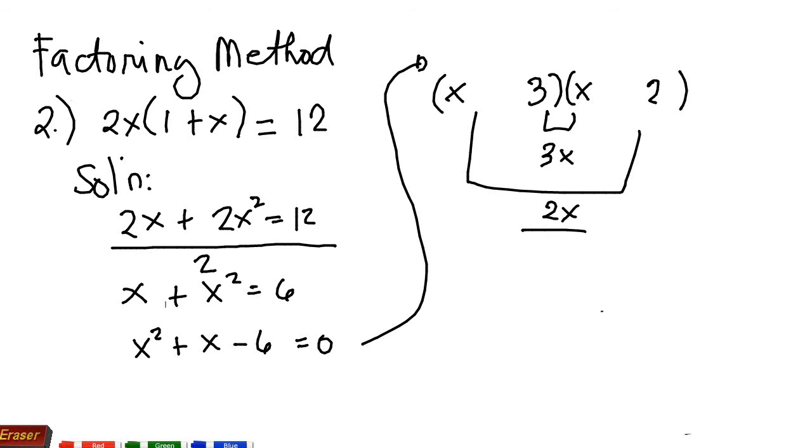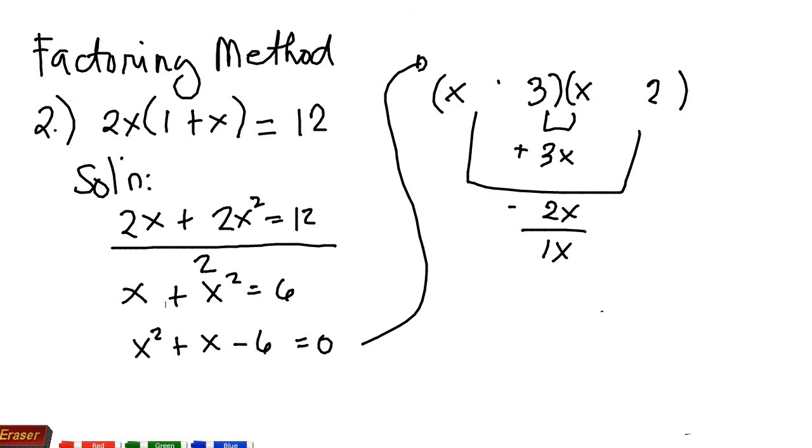Take note that it is positive x, which means you have only a numerical coefficient equivalent to 1. So we're going to subtract 3 and 2. 3 minus 2 gives us 1x or x. Now, the middle term is positive, so 3 should be positive and 2 should be negative.